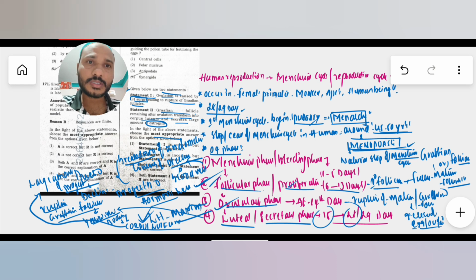A large amount of progesterone hormone makes the endometrium ready for pregnancy, for implantation. Generally the endometrial lining is prepared in the presence of various hormones. If fertilization occurs, the resulting zygote later develops into an embryo. That embryo must attach to the lining of the endometrial wall, so we have to make the endometrium layer ready for implantation.